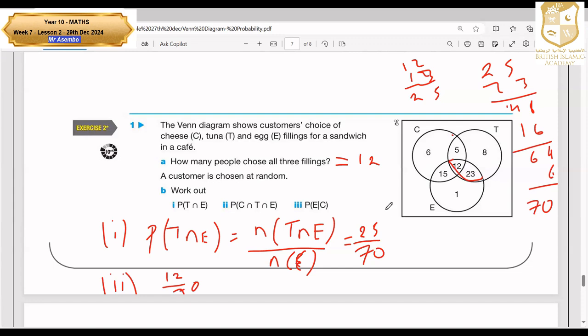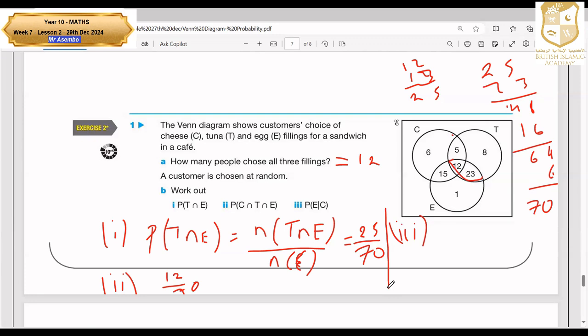Now, in a conditional probability, Roman 3 is the one now bringing out the conditional probability. Now, let's check the probability of E, given he chose C. Given the event C has already happened, we are simply going to deal with C and E only.